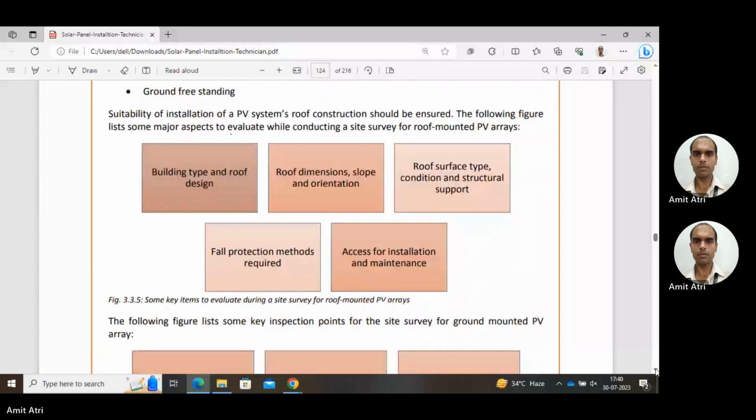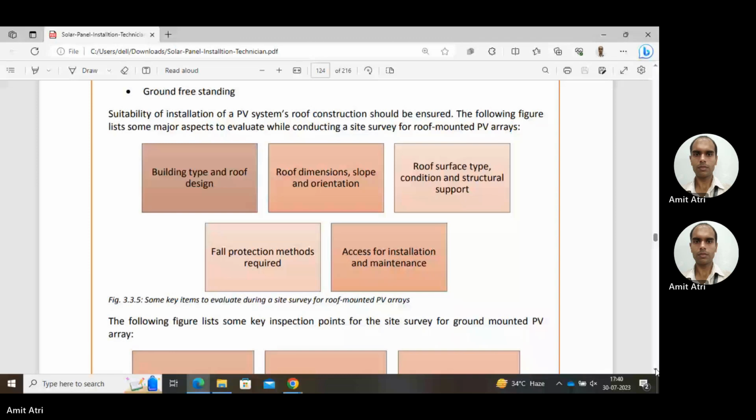First, building type and roof design: which type of roof and which type of building it is. Then roof dimension, slope and orientation, which we also have to evaluate. Then roof surface type, condition and structural support.